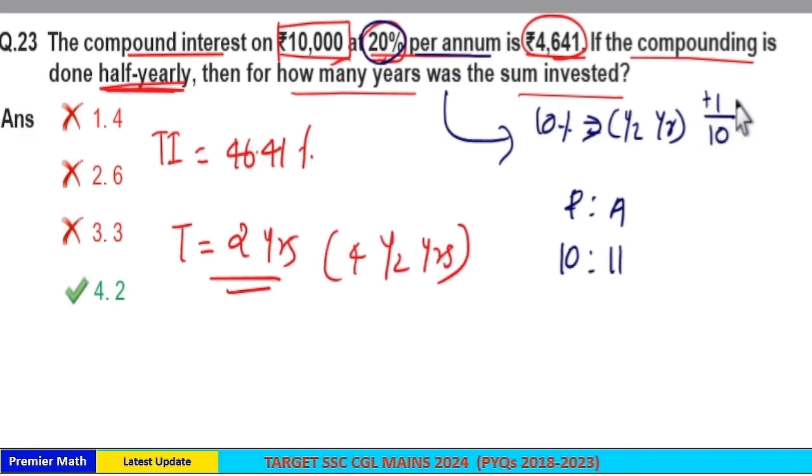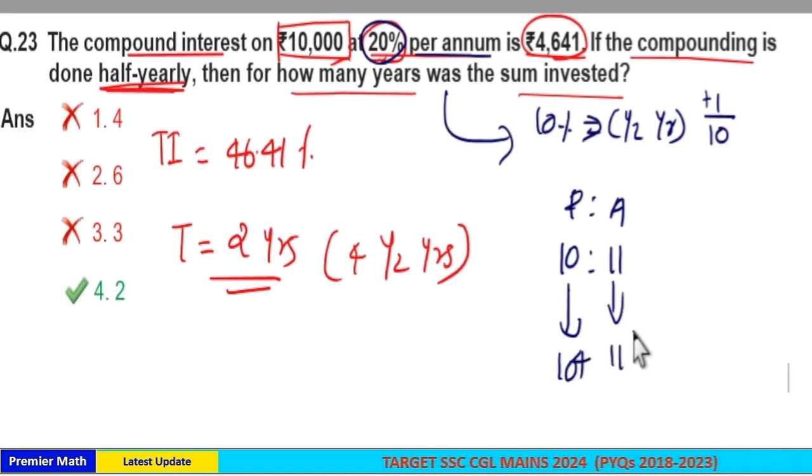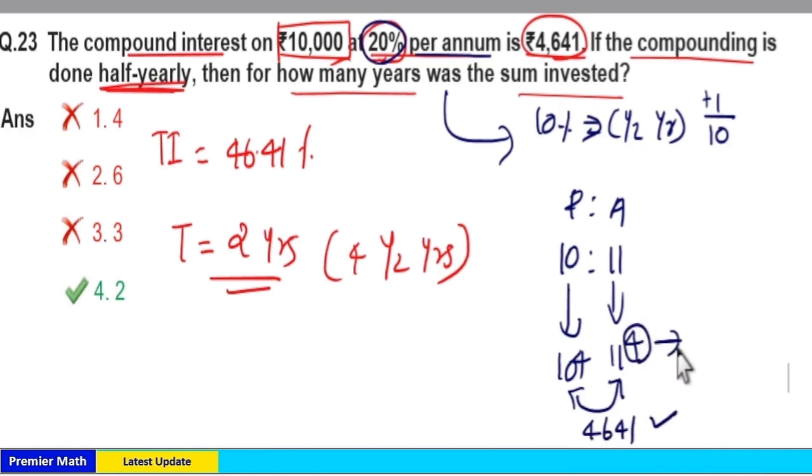This 1 part is generated in every 6 months. Now this is for 1 half year. But here principal is given as 10 raised to 4, which means amount should be 11 raised to 4. And if you take the difference between 11 raised to 4 and 10 raised to 4, which is equal to 4641, which is correct. Which means here number of years is 4 half years, which is equal to 2 years.